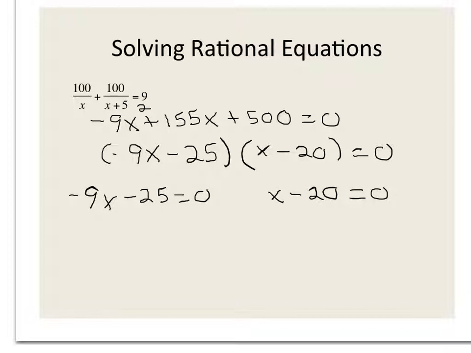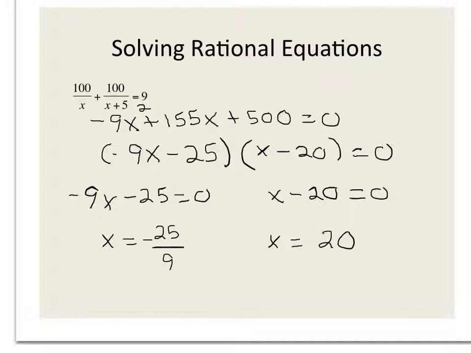Solving for x in the first one gives you 25 over negative 9. And solving for x in the second one gives you x equals 20. Those are your two solutions to this equation.